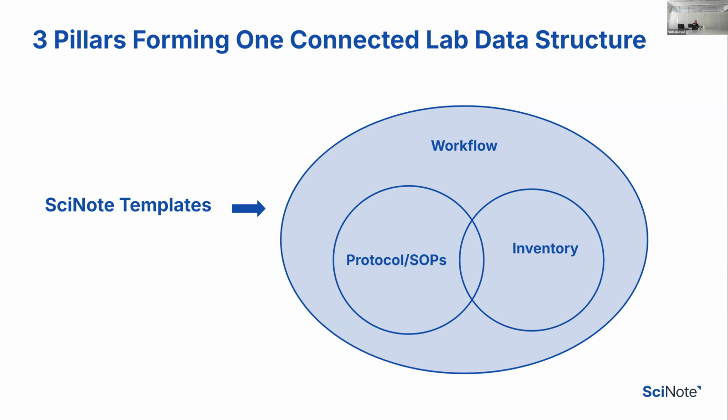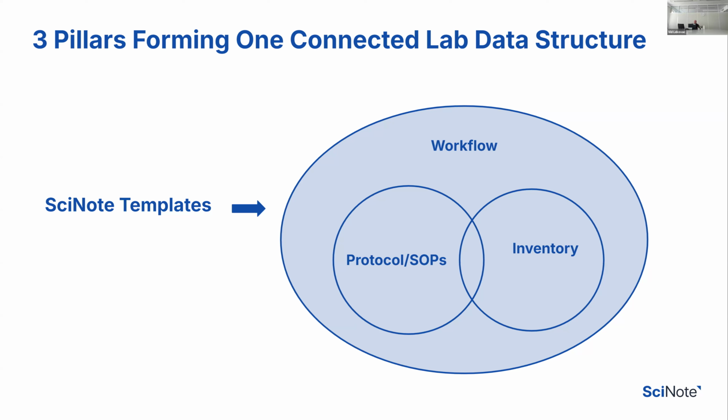Okay, so the three pillars where we see SciNote helps you have this connected lab data structure, and where our templates come into the picture is experimental workflow. Experimental workflow is the first part, and you're going to see it in a few seconds, where it all starts. These experimental workflows include SOPs and inventories, and all of that is connected.